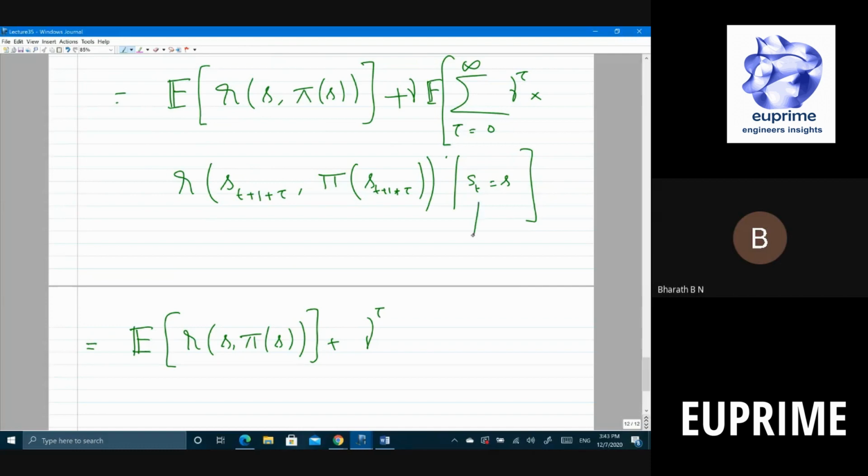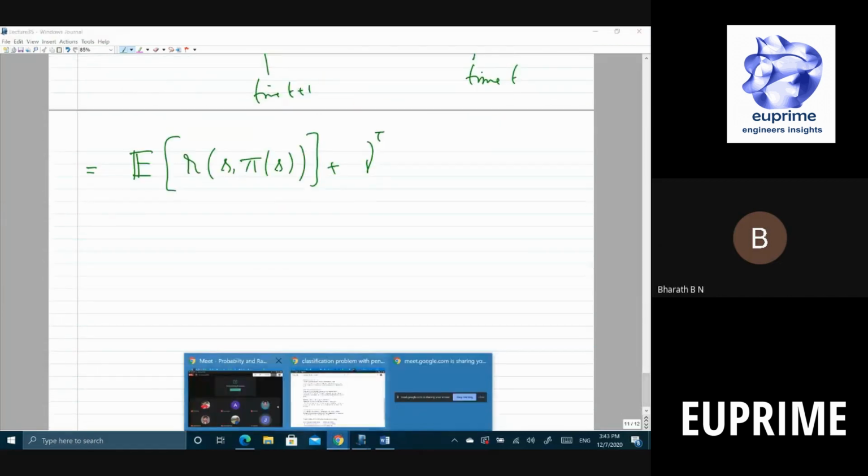This is at time t, and this is at time t plus 1, slightly in the future. So now, how do I write this particular expression is the question. What do you do?